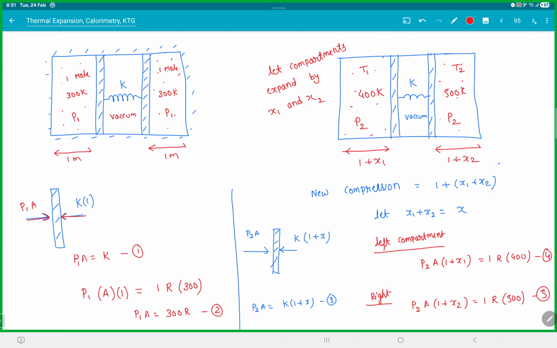Please check your equations. If you got the equations, then now it is just a matter of solving. So initially, since both the gases are identical, you'll get one gas equation. Finally, you'll get two gas equations, and you'll get two equilibrium equations. Please have a look at the free body diagrams and the equations.